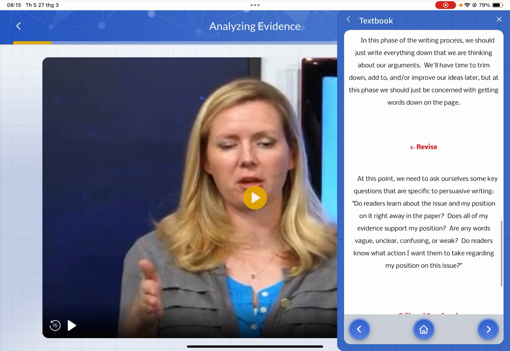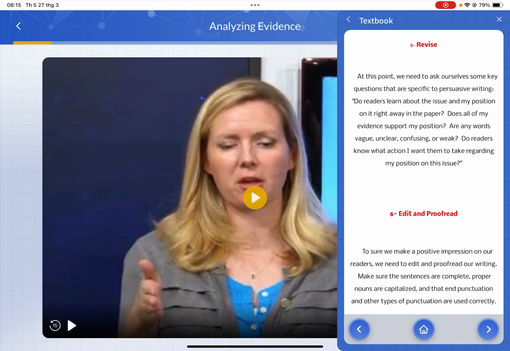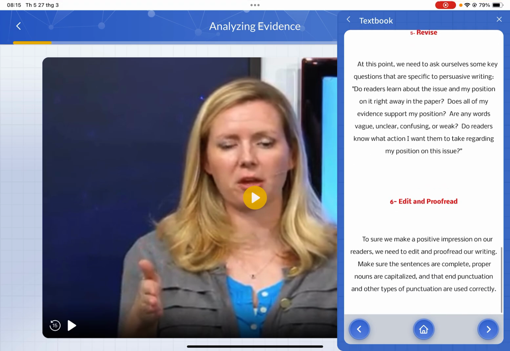After answering all the questions, we move on to edit and proofread. We edit to make sure that we make a positive impression on our reader, because we don't want a negative one.